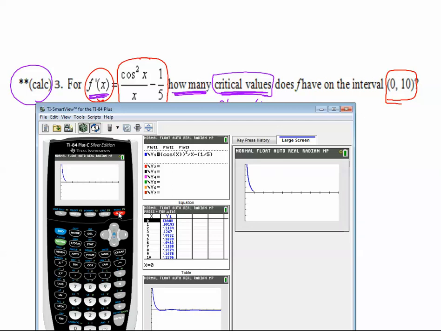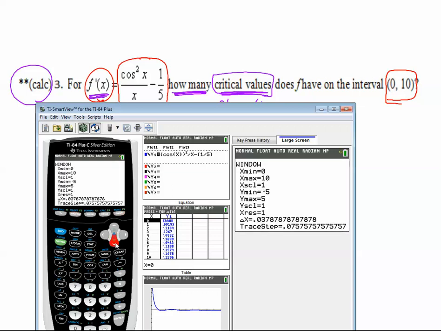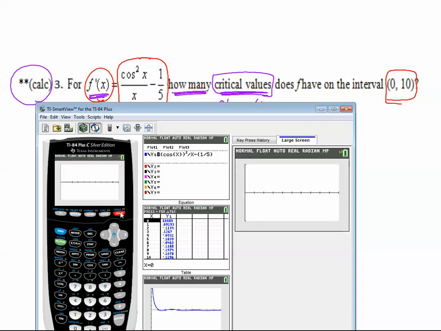Let's press graph, and I see there's one place where it's 0, there's another place where it's 0. It's kind of hard to see if there are other places. So I'm going to go back to my window and change it so that I'm counting from only -1 to 1 on the y-axis. We'll spread it out on the y-axis and graph it again.